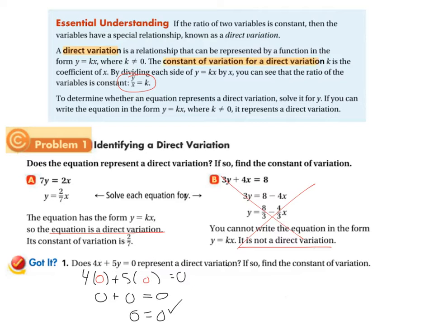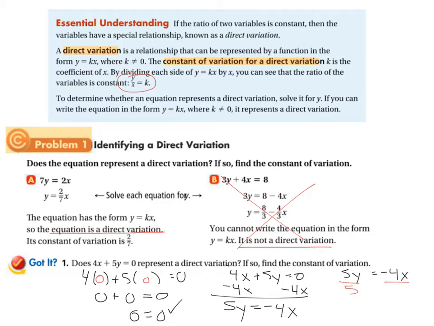How do we do it? Well, we take the original equation, 4x plus 5y equals 0, and we're going to first subtract 4x from both sides. What we get as a result is 5y equals negative 4x. And so we will take that and we will divide both sides by what's in front of y to get it down to a single y equals.